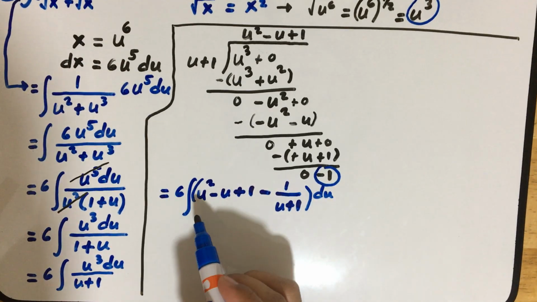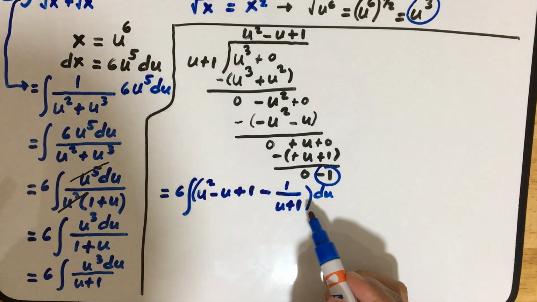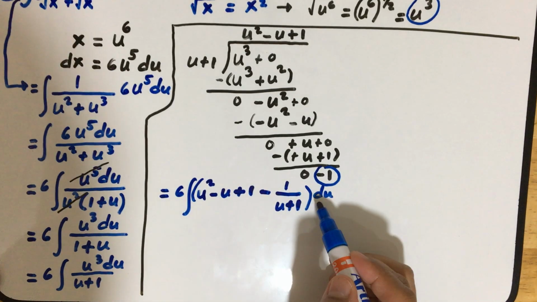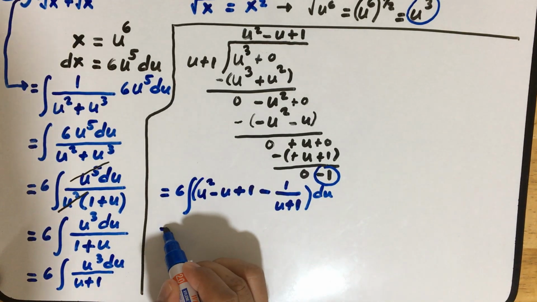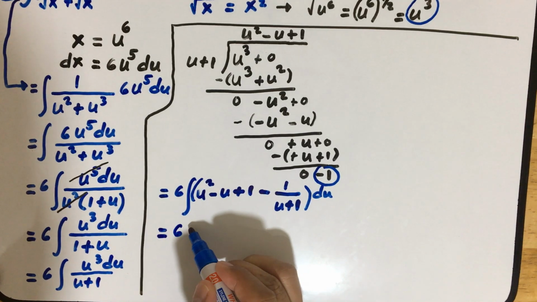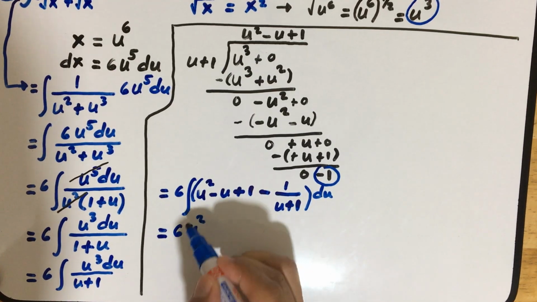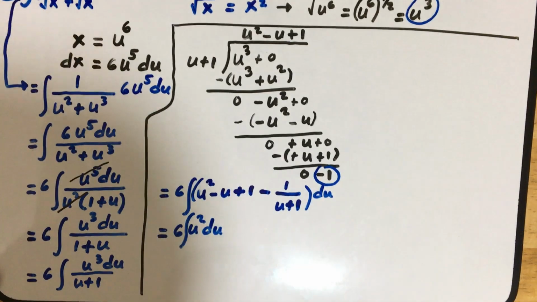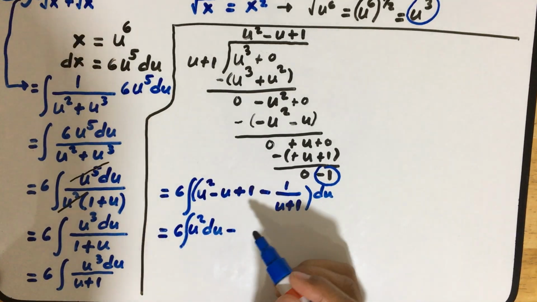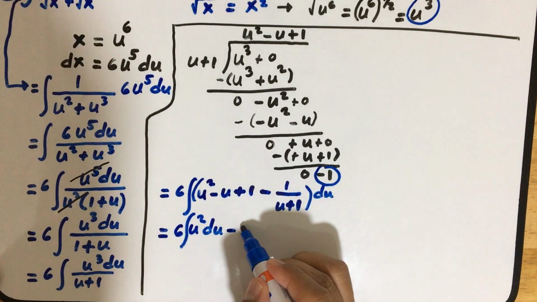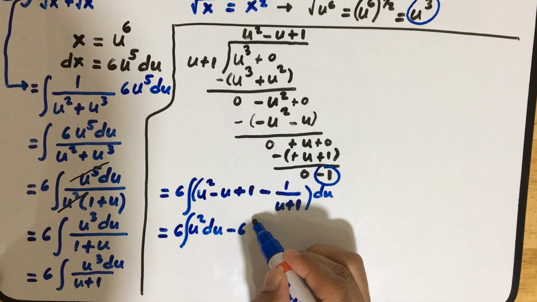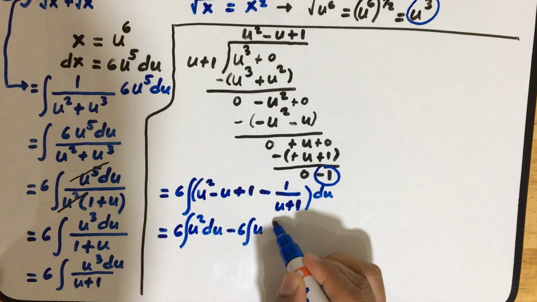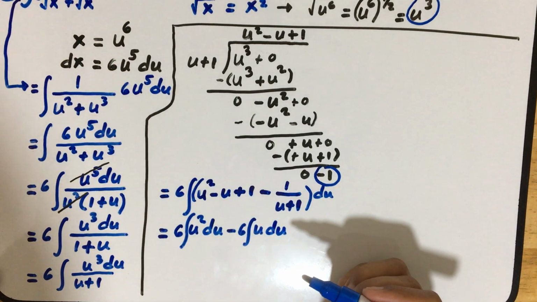Then 6 is common to each of the terms. So you can distribute 6, the integral sign, and also the du, so that this becomes 6 times the integral of u squared du. Then minus 6 times the integral of u du.